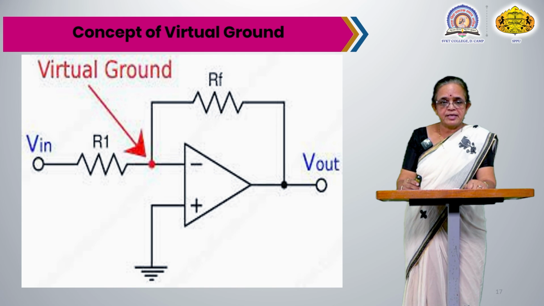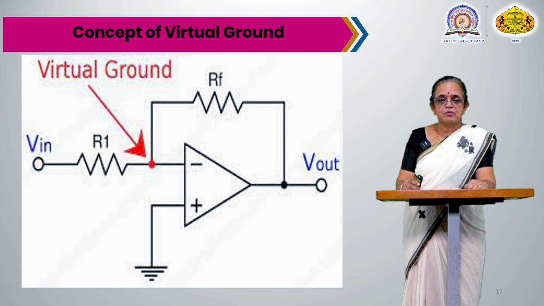Another point is that we can use the real ground as a reference voltage, but the virtual ground is taken for adjustments in circuit analysis. This point is called the virtual ground because the voltage is 0, because Vp is equal to Vn, that is equal to 0, but it is not connected to ground.